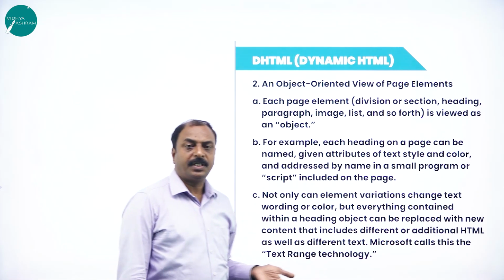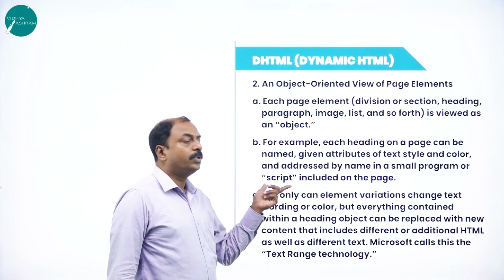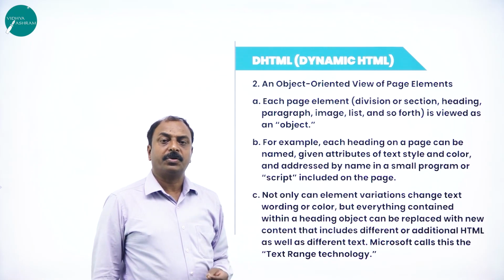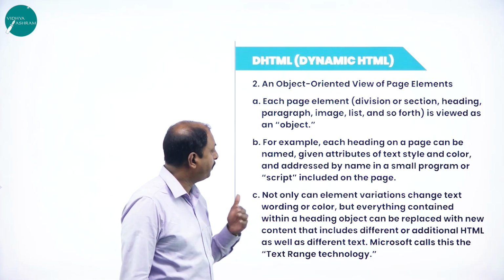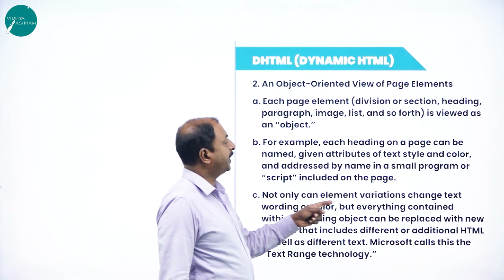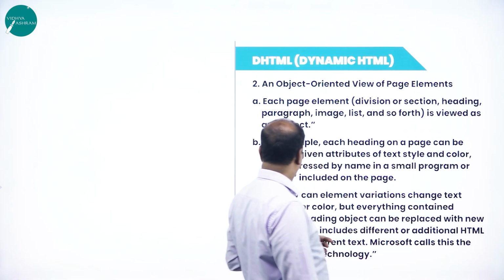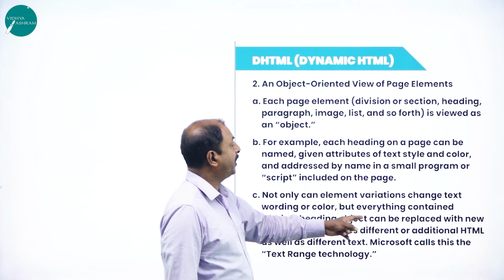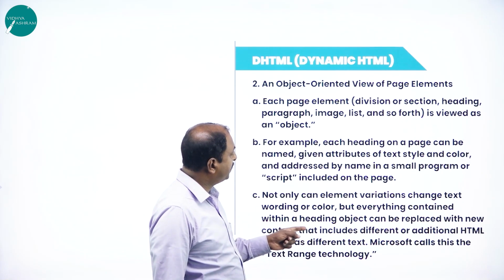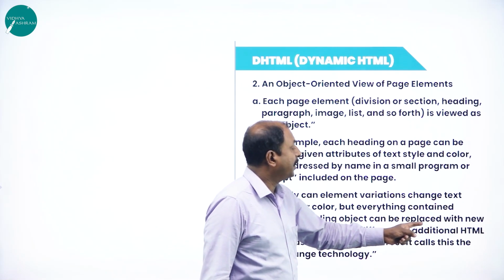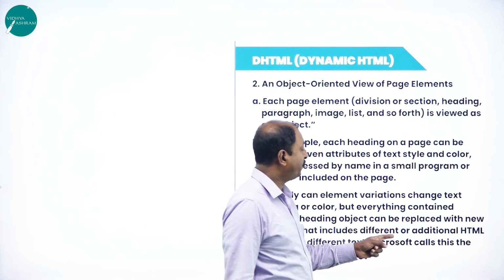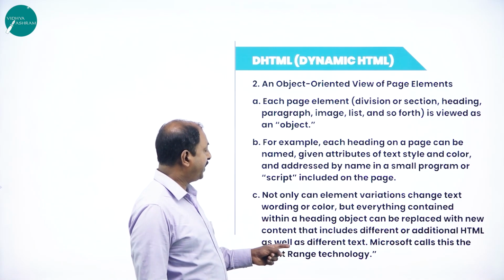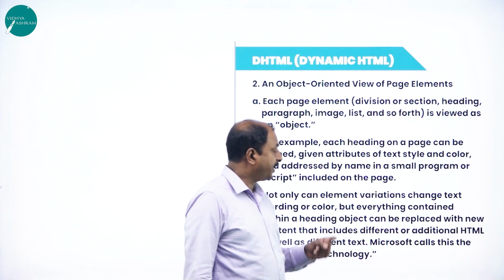Another feature of DHTML is that we can include a script for a particular object or element in a web page. Next, not only can element variations change text wording or color, but everything contained within a heading object can be replaced with new content that includes different or additional HTML as well as different text.